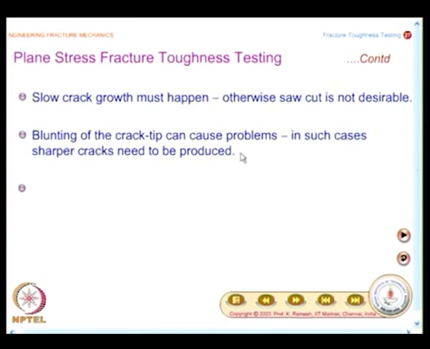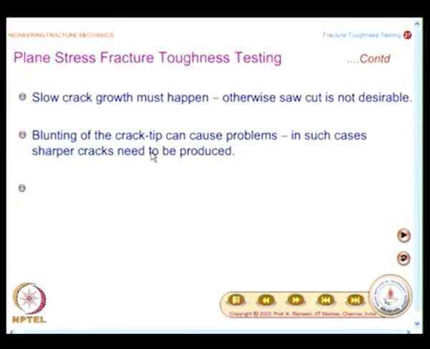So, in that case also you have to ensure that sharper cracks are produced. See, if we go to a photoelastic experiment, we will simply take a slot and then do it. We will say that you take the thickness of the cutter as thin as possible, maybe of the order of 0.1 millimeter or less, and then make a thin slit.